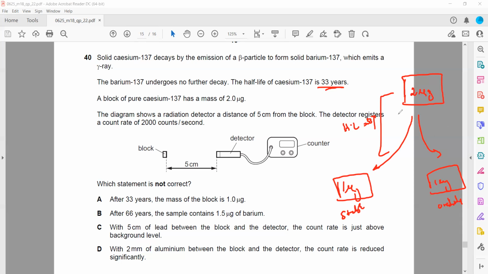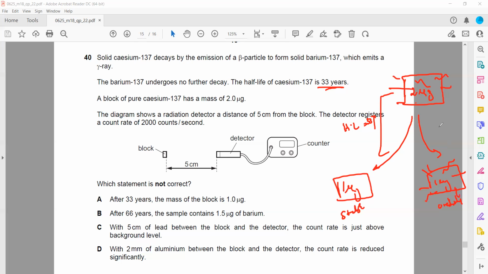The only difference is that first all 2 microgram was unstable, all was emitting out radiation. But after half-life, the one which is stable does not emit out radiation, and the one which is unstable will emit out radiation. But the total mass, if it was 2 microgram at the beginning of the experiment, will remain the same after the half-life.